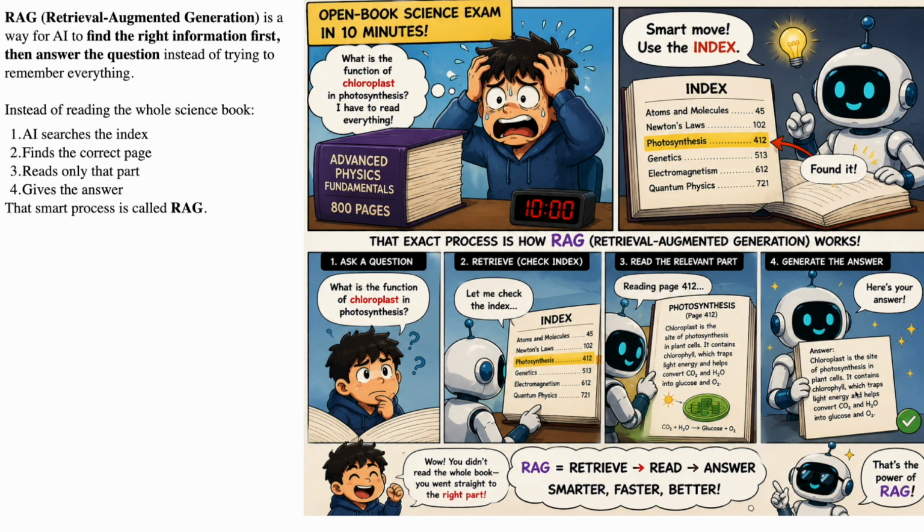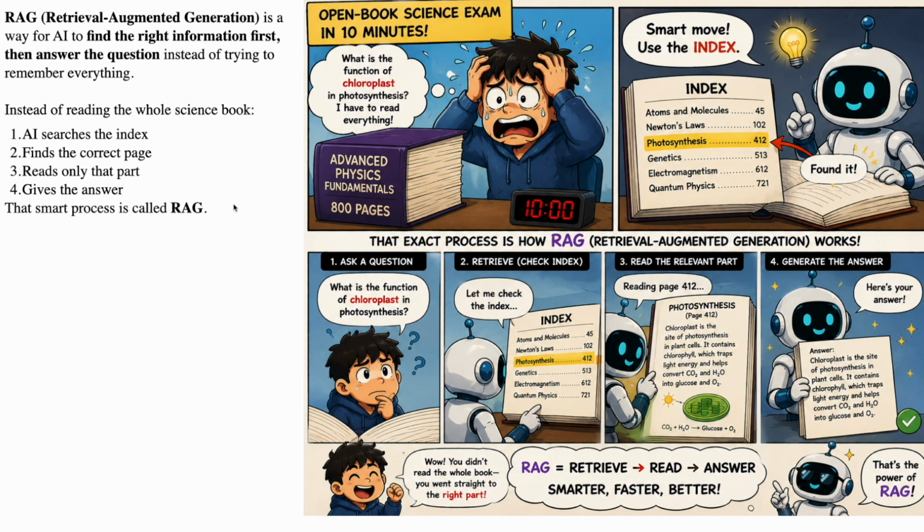This is the exact process of a RAG. Instead of reading the entire book, it will go to the relevant topic, understand the topic, and based on the question it will provide the relevant answer. So RAG is nothing but retrieve, read, and then answer, right? That's the power of RAG.